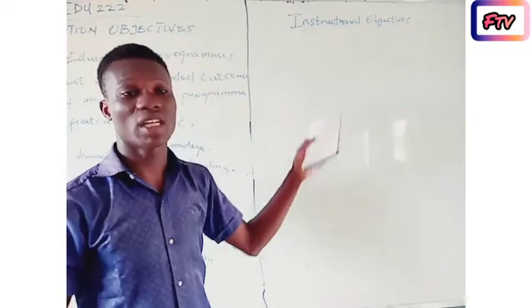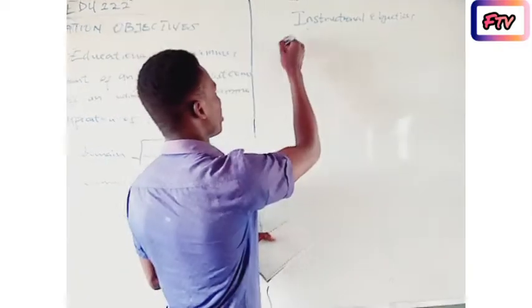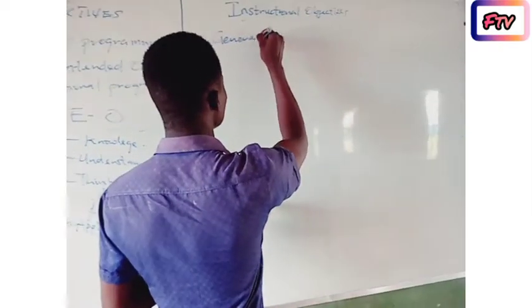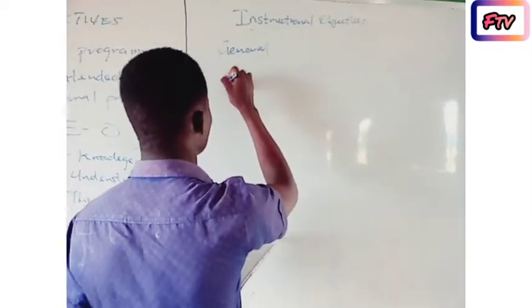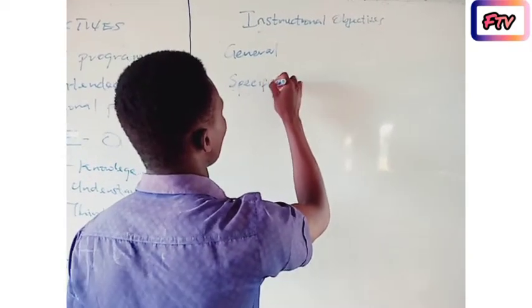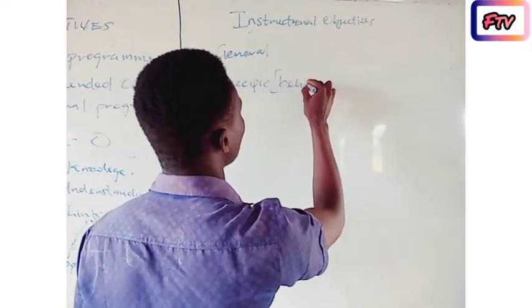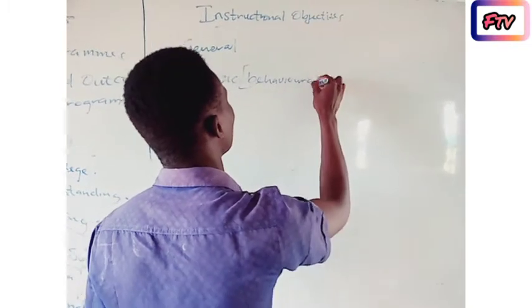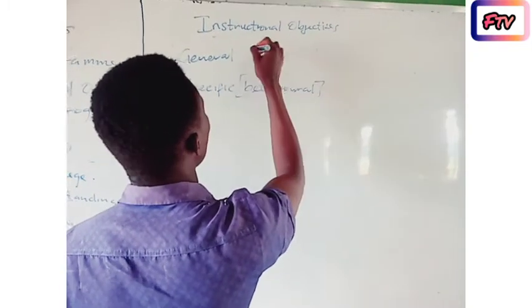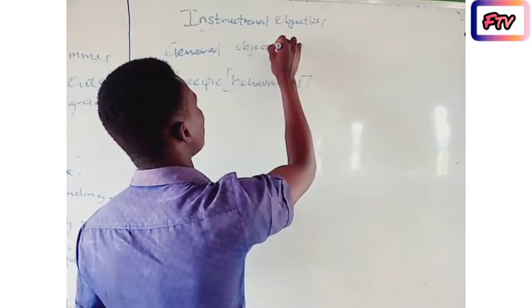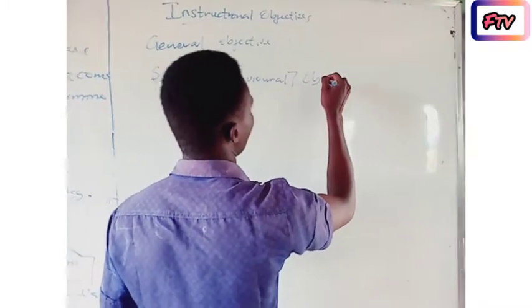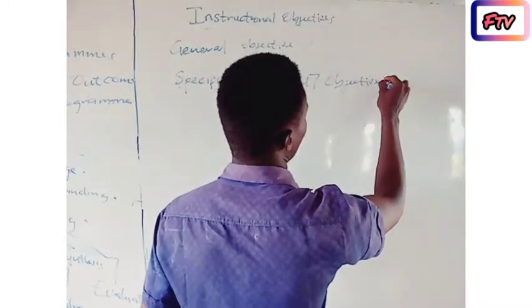And these instructional objectives are split into 2. We have the general and specific. Specific, also known as behavioral. The general objectives and specific objectives.